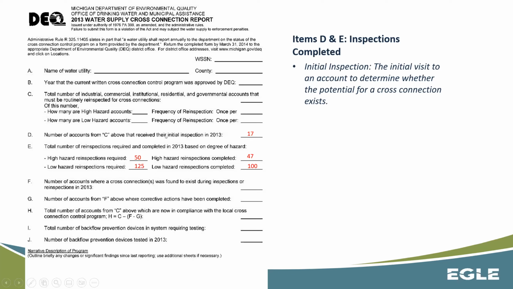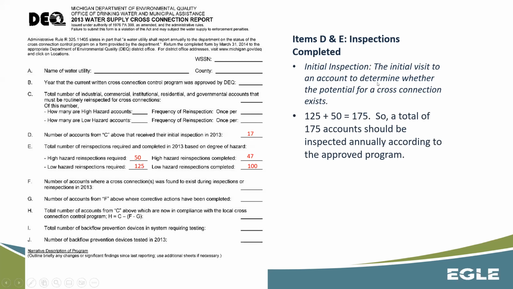And then there's also this line that says initial inspections. And we've got a little bit of an explanation here. An initial inspection, what we're asking for in this line D, and your re-inspections that are in line E are different. An initial inspection is going to either be new construction, or maybe you have a customer that totally changed up their plumbing arrangement.